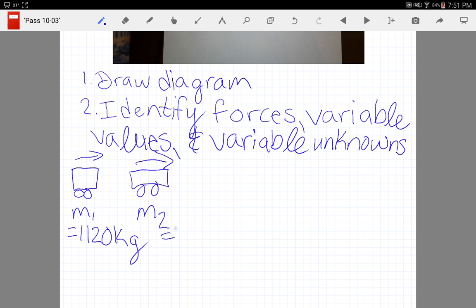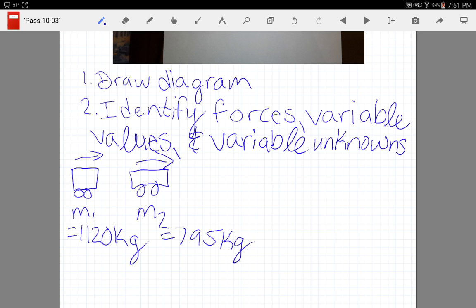And mass 2 is your 795 kilograms. And noting that here at the top, showing that they're both traveling in the same direction. That's what I have. Okay.